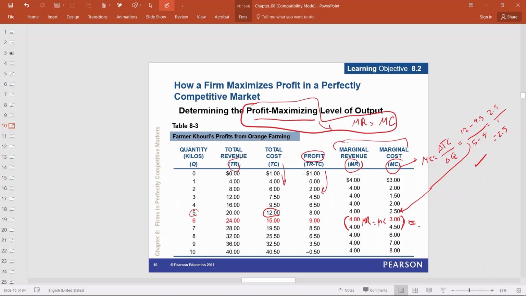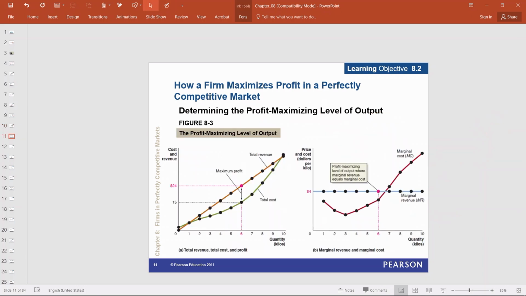So at this level of production, between 6 and 7, marginal revenue equals marginal cost. And if we plot these two curves, we'll see in the next slide.